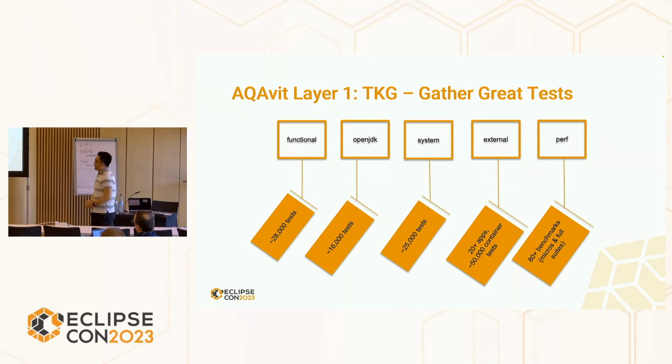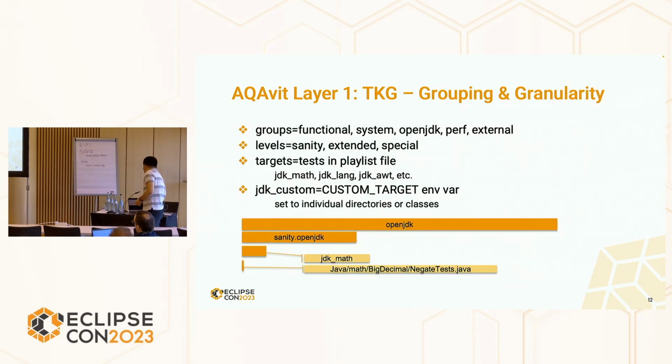And also, we want to group the tests. You can see that there are a lot of tests in each of the categories. So I'll talk more about the grouping and granularities. As I mentioned, for the groups, we have sanity, system, OpenJDK, perf, external, and then for different levels, we have sanity, extended, and special.